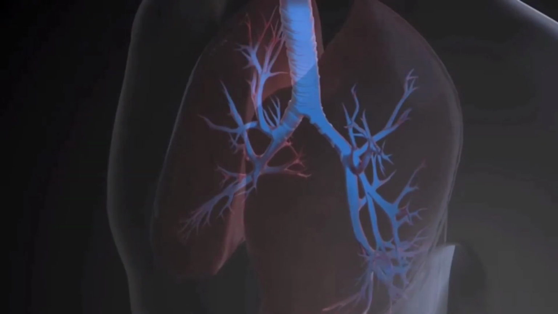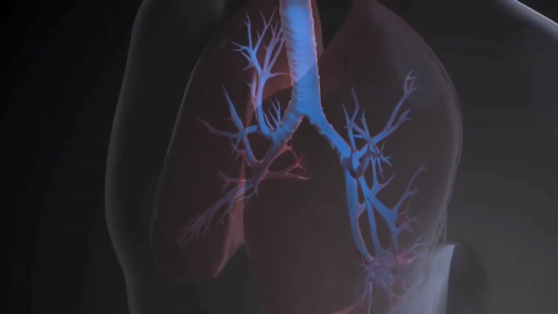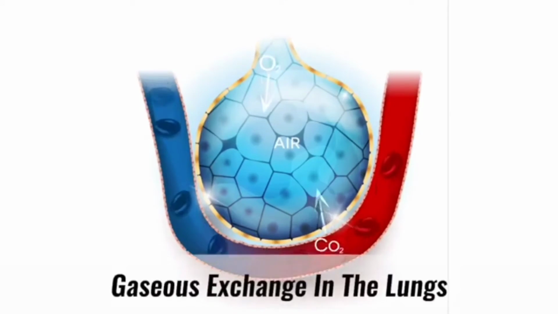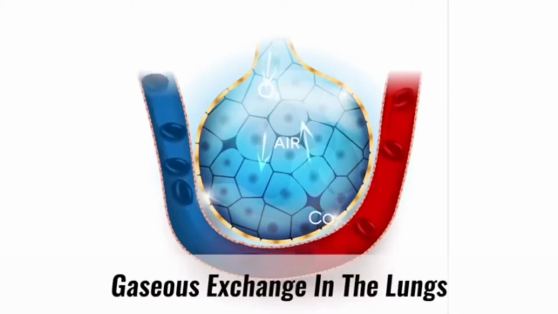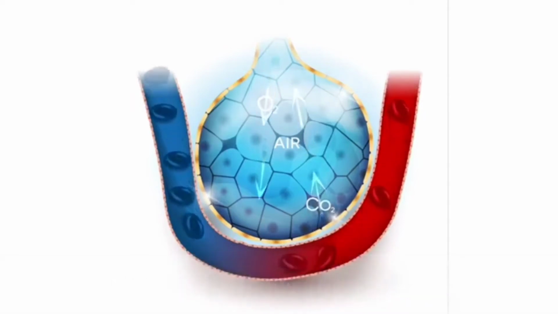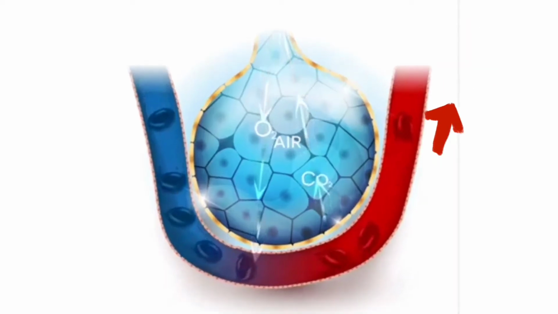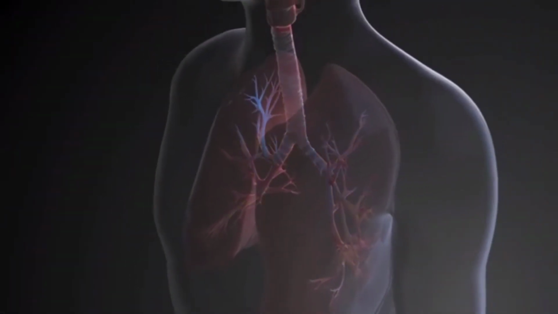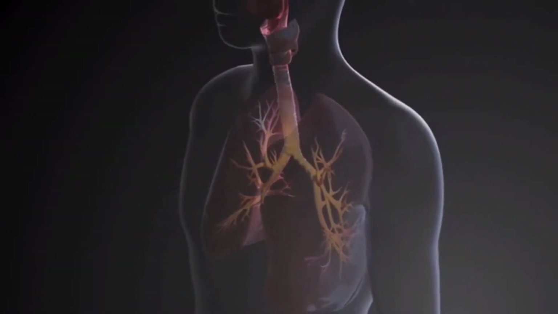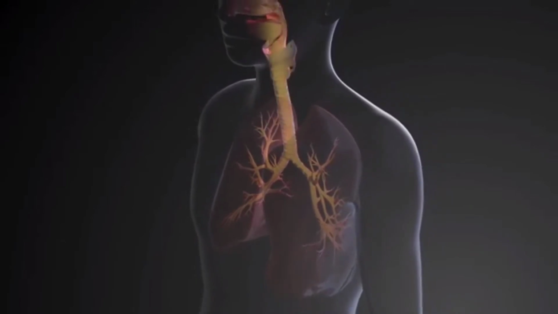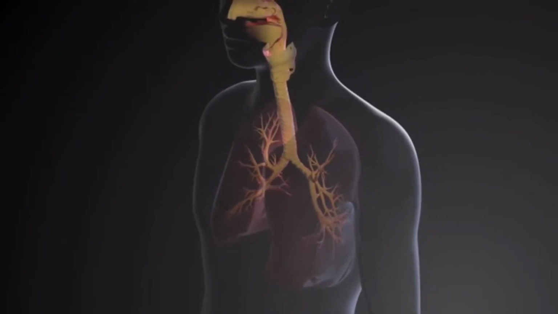It is where gas exchange happens, as blood passes through the tiny capillaries in the alveolar sacs. The inhaled oxygen molecules attach to the red blood cells, which travel back to the heart and all throughout the system. And at the same time, the waste product of our body, which is the carbon dioxide, is now being eliminated.